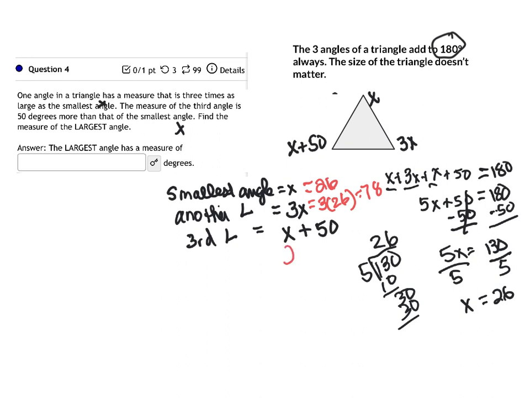And this is 26 plus 50, so that would give us 76. So it's this one that is our largest. So our answer is 78. And to make sure that you have all the right angles, this 26, the 78, and the 76 should total 180. If they don't, something's wrong and that's not the right answer. But in this case, they do.